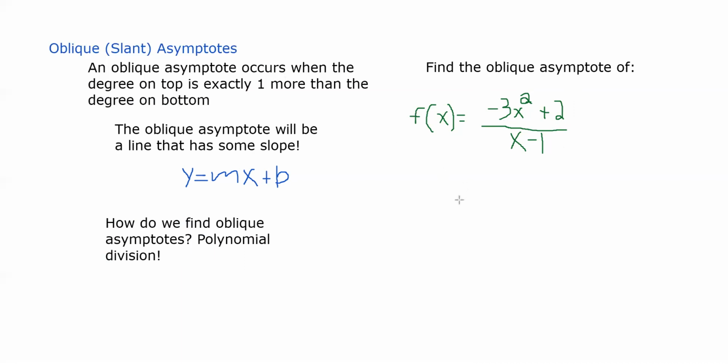So now technically you're literally dividing the top polynomial by the bottom polynomial. That's what you're doing when you form a fraction. So technically speaking, you could say it kind of looks like this, and you would not be wrong, where you're taking negative 3x squared plus 2 and you're dividing it by x minus 1.